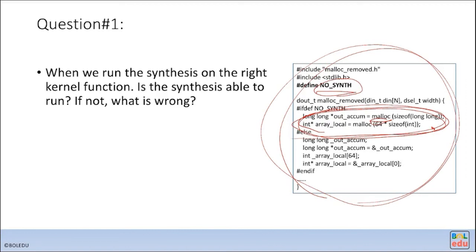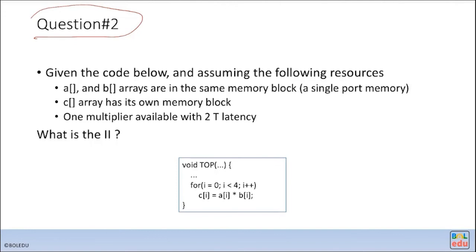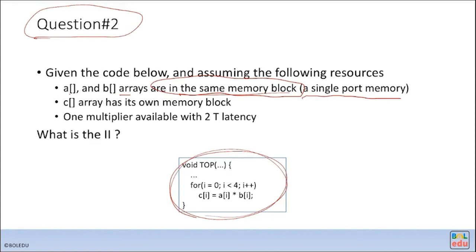Okay, question 2. Given this code, which we have already seen, and assuming the following resources: the A array and B array are in the same memory bank, and this memory bank is only a single port memory.